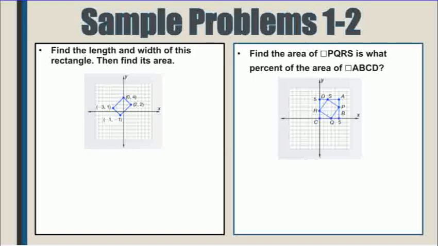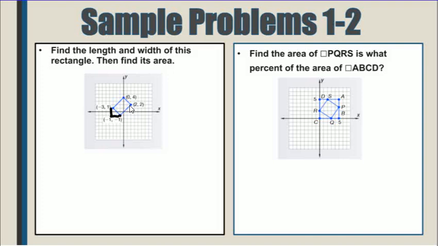It says find the length and width of this rectangle and then find its area. So if we look here, we can just create two triangles, one here and then one here. And we can just find the base. So to do that, I'm going to erase this so you can see our lines.